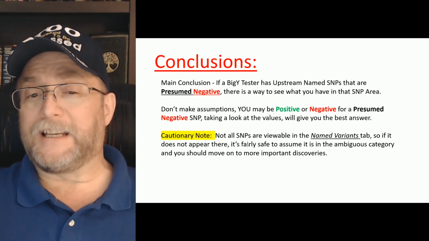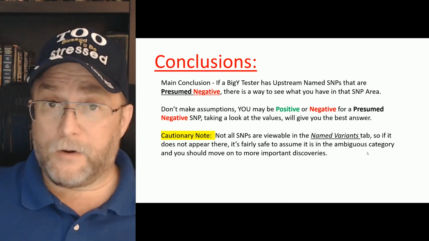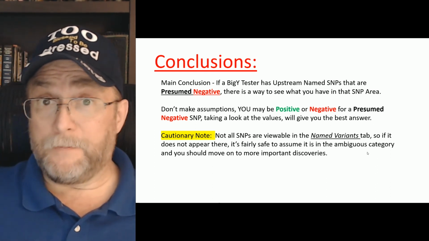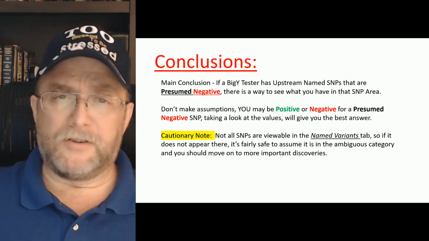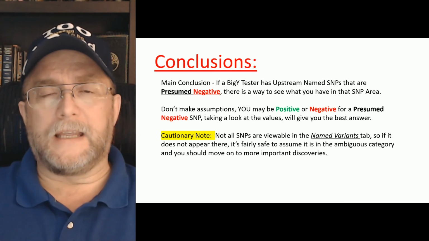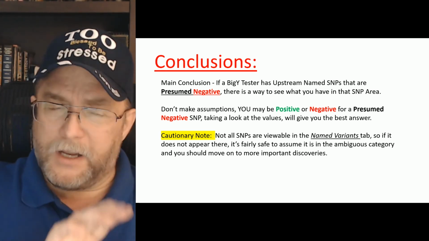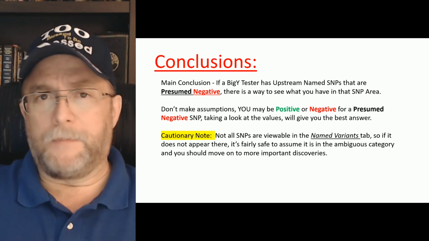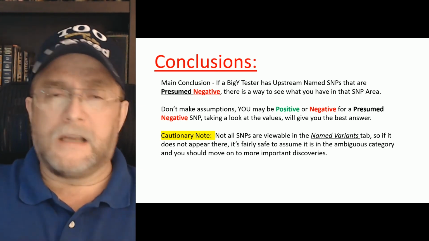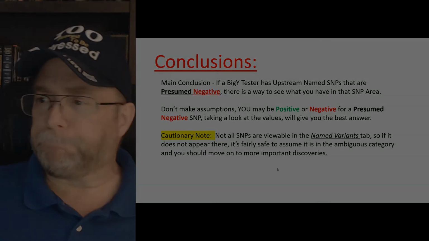It's fairly safe to assume that those can be counted in the ambiguous category, and you should really not focus on those. If you don't see the named variant, and you say, here's one right here but it's not showing up here, consider it ambiguous. It doesn't have a value to you. Focus your energy on additional topics.